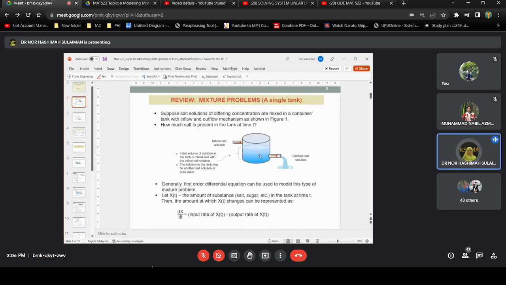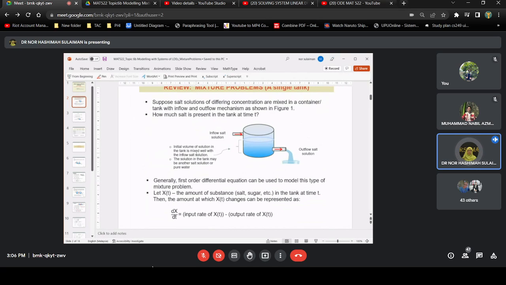We have a mixture, and then the well mixed solution is allowed to go out from the tank ataupun allowed to leave the tank at a certain rate. Okay, so here it says the initial volume of solution in the tank is mixed well with the inflow salt solution. So dekat sini dia akan jadi another salt solution, and then dia akan keluar daripada saluran ni.